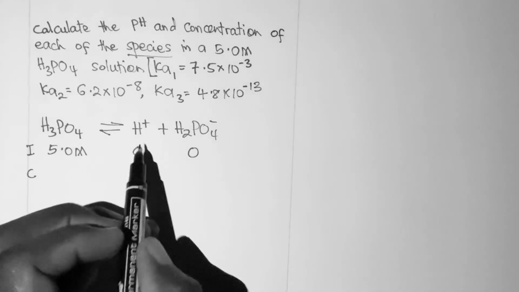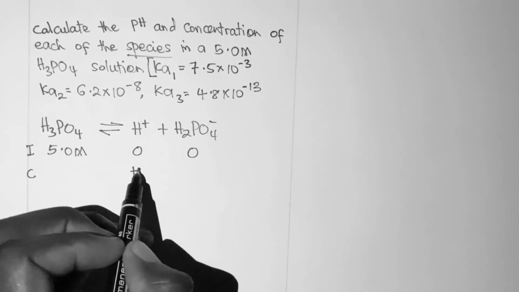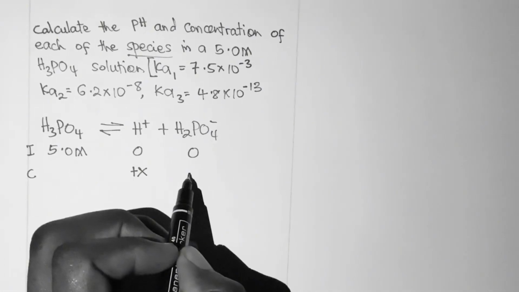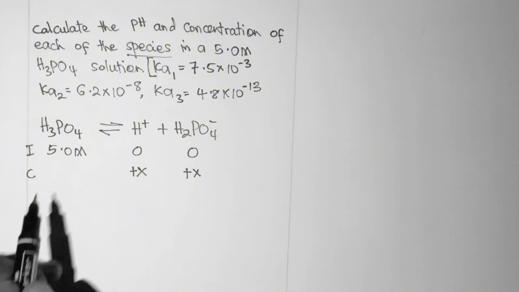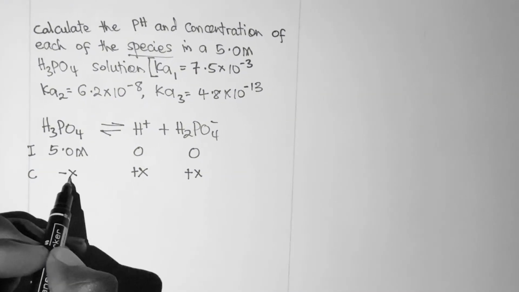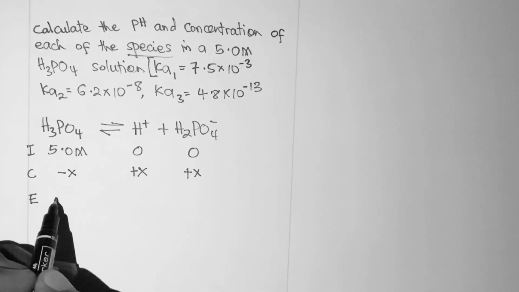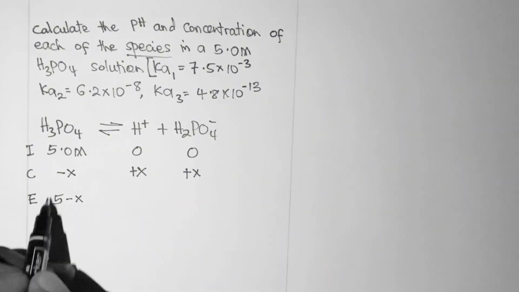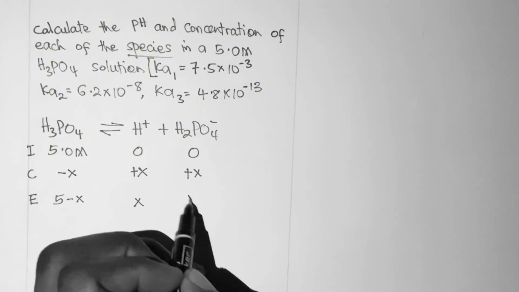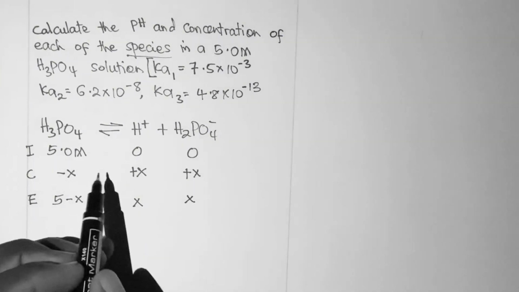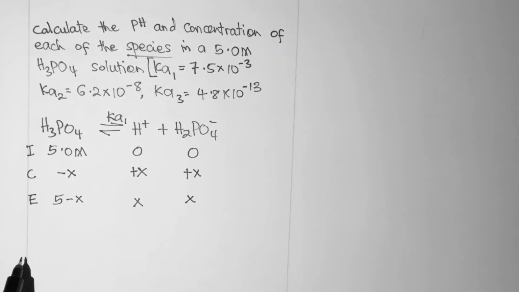Now the change: this one will gain ions, so plus X. This will also gain ions, so plus X, because their mole ratio is 1:1, and this will lose ions, so the change here will be minus X. The equilibrium concentration is 5 minus X molar for this, and here it is 0 plus X, which is X, and 0 plus X is also X.